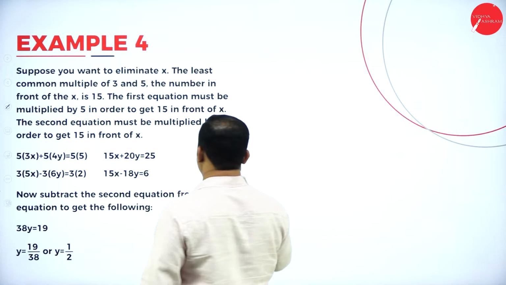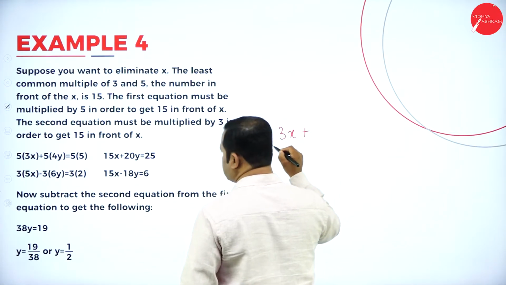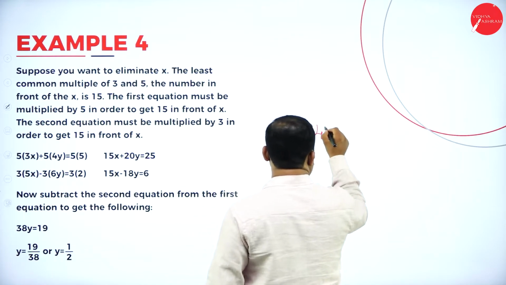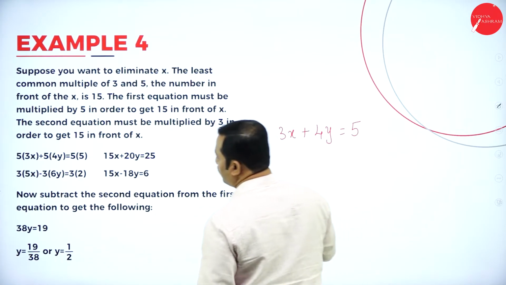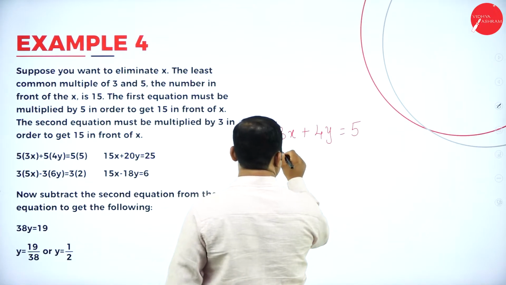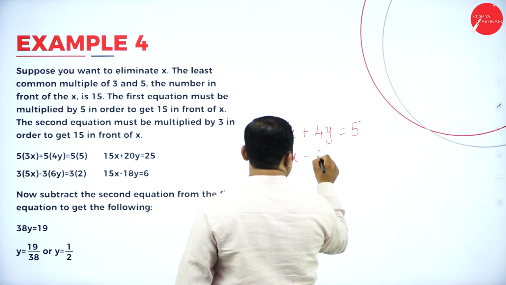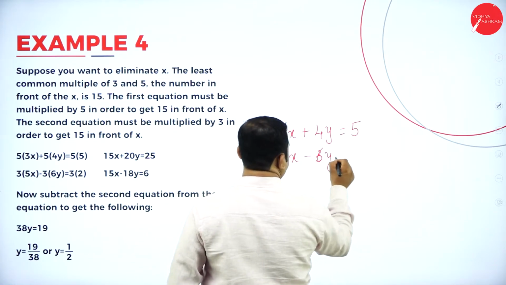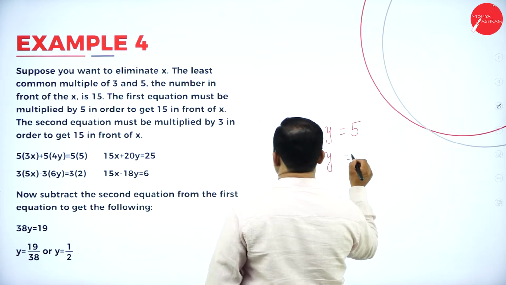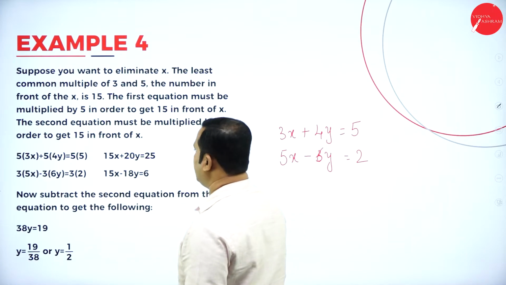So if that is the case, we have 3x plus 4y is equal to 5 and 5x minus 6y is equal to 2. This is the original equation.